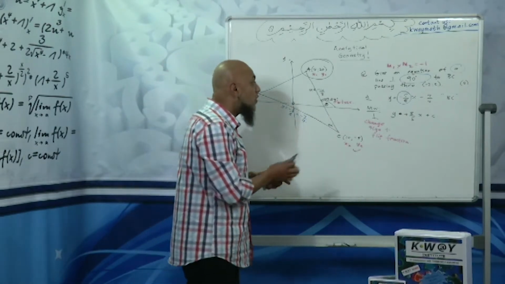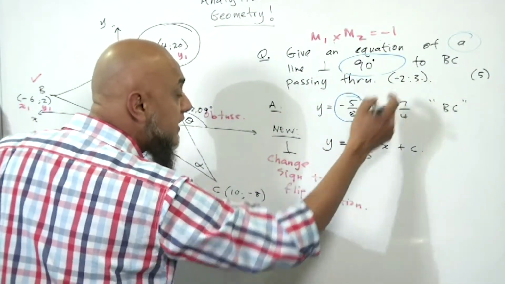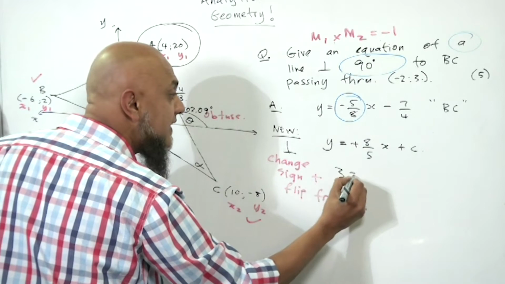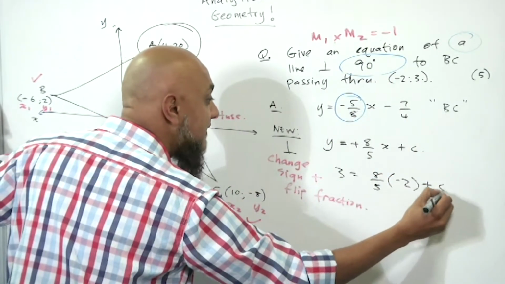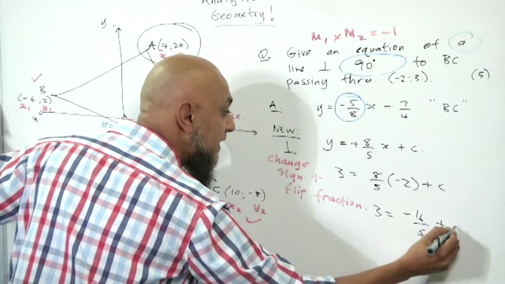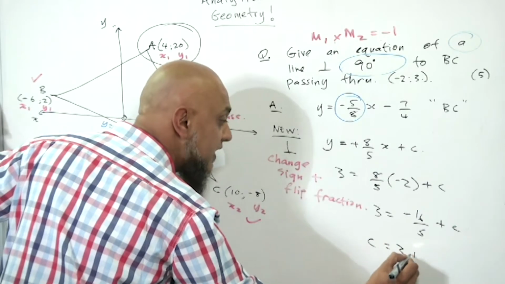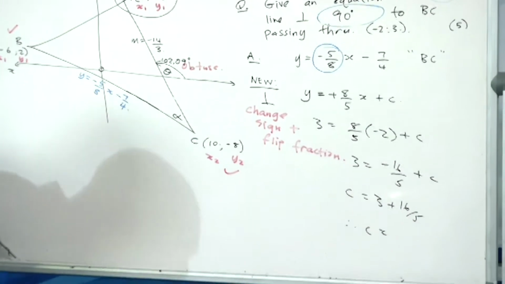So here goes. Y is equal to 8 over 5x plus c. We now got a new point, -2 and 3. So we got 3 is equal to 8 over 5, x is -2, plus c. So 3 is equal to -16 over 5 plus c. Therefore, c is equal to 3 plus 16 over 5.